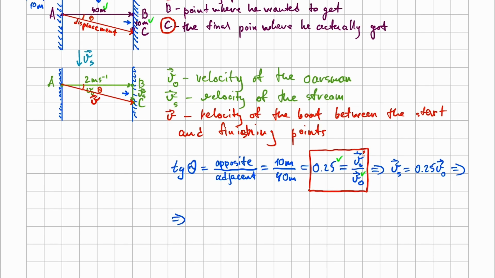Which means that the velocity of the stream is 0.5 meters per second. This is the velocity of the stream. Okay, so now you understand.